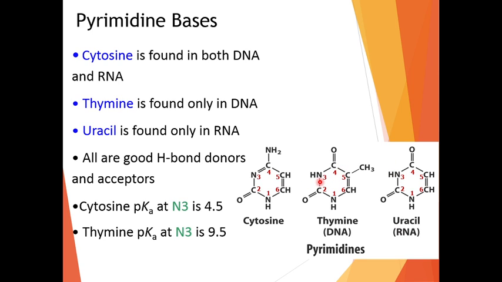This NH has a very high pKa as compared to this nitrogen. Now remember, this nitrogen doesn't have a hydrogen, and that is essentially because at physiological pH, this nitrogen is deprotonated. But if the pH goes below 4.5, this will be protonated, and hence the pKa. Again, neutral molecules at pH 7, these three bases.